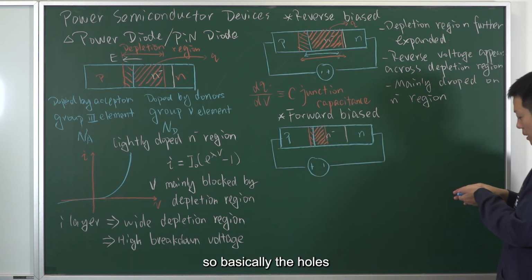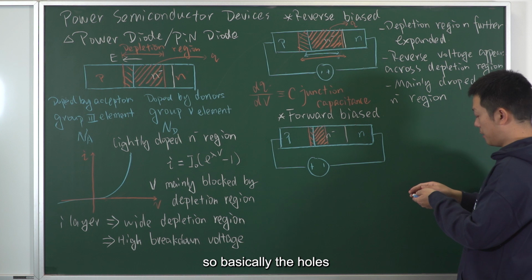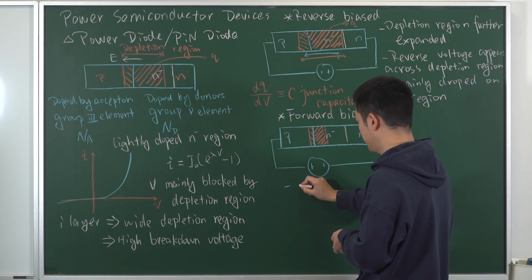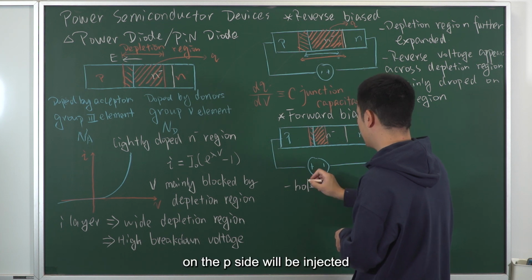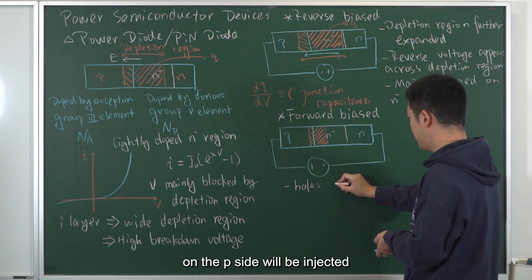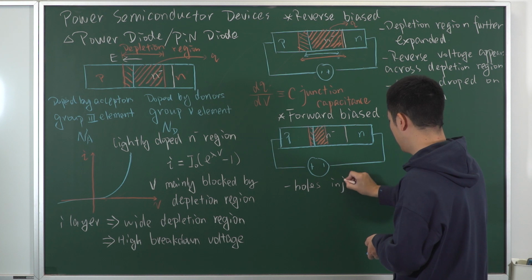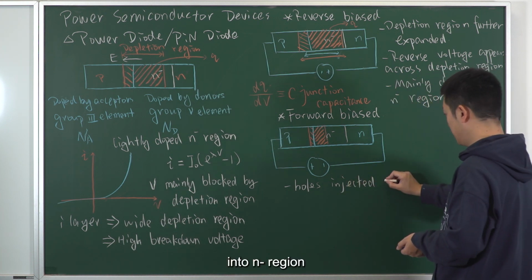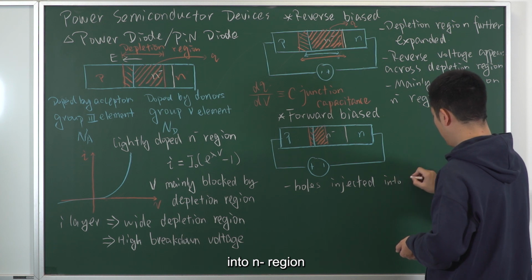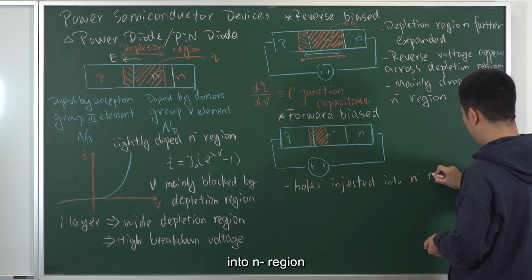So basically, the holes on the P side will be injected into the N minus region.